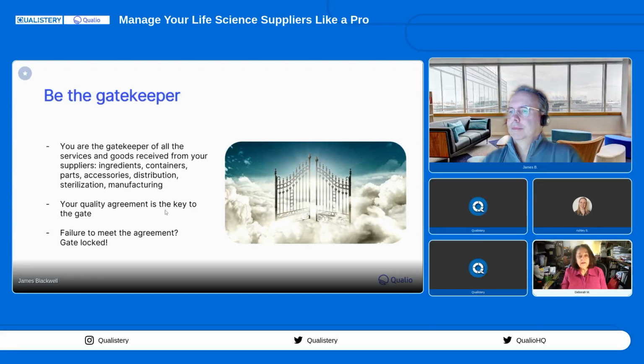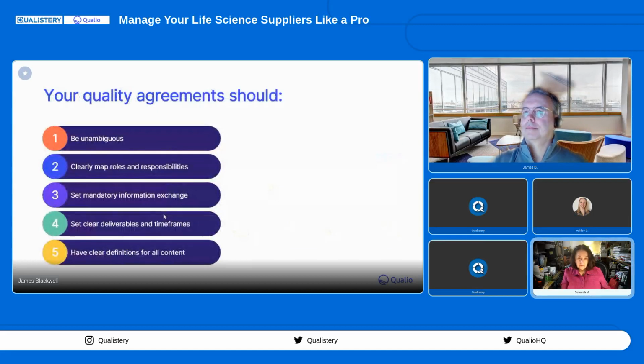I can tell you that it's not that easy when you have a disagreement with your quality agreement to just lock the gate. It's a collaborative process that you have to work through with your supplier or your vendor. And I would say locking the gate would be one of the last steps that you go through.